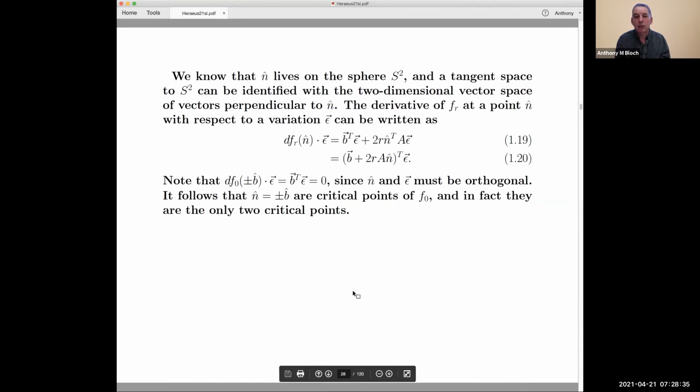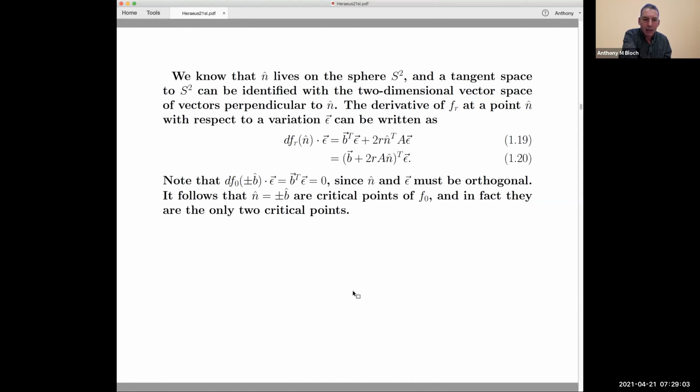We know that n lives on the sphere S2. The tangent space of S2 can be identified with a two-dimensional vector space, and you can compute the derivative of fr at a point n with respect to a variation epsilon, as I've written here. So you're computing the derivative of f along the orbit, and you want this to be 0 to maximize things.